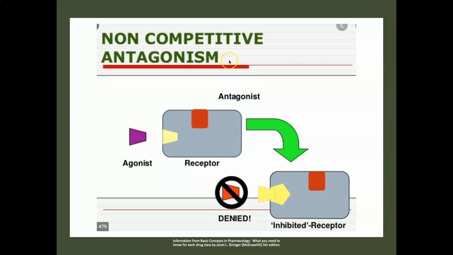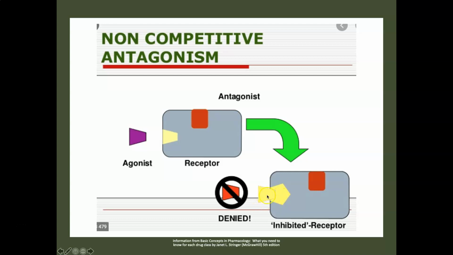Whereas with a non-competitive antagonist, watch this here, you have a spot on here that's yellow. And that's where your agonist is going to try and attach. But look, we have a red square non-competitive antagonist that's already there. And what happens when that antagonist is already there is, look down, you see how it's now changed the shape of that receptor site.